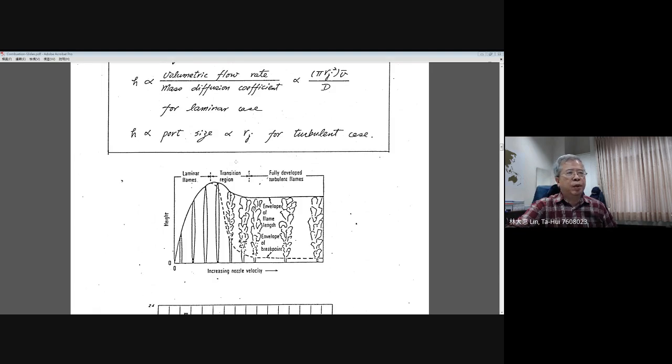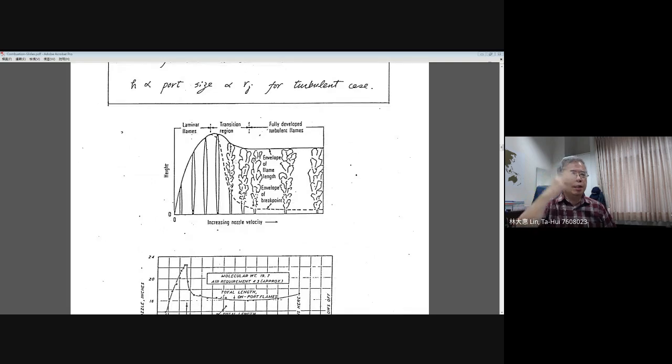And here, this plot gives you some systematic conclusions on the variation of the flame characteristics as we increase the injection velocity. Here, similar to the experimental result we already described, they tell you what structures you may have by changing the nozzle velocity.